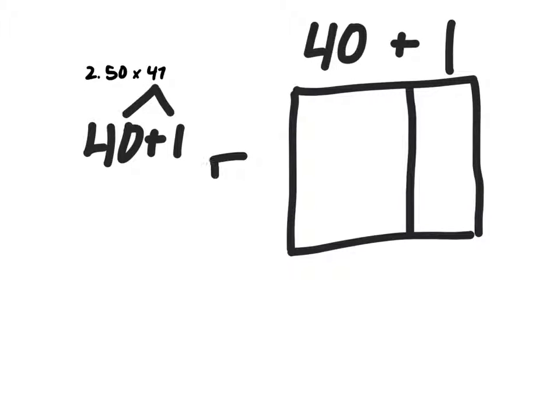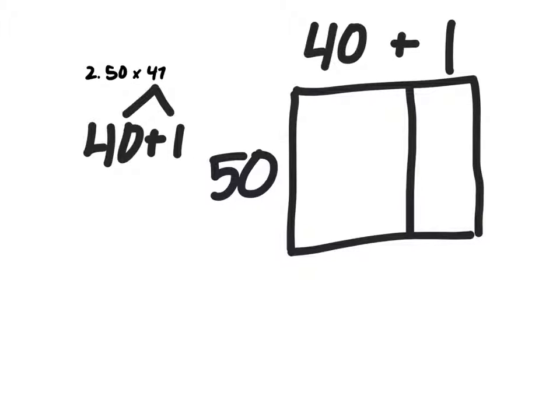Now over here we write in our 50 so that this area represents 40 multiplied by 50 and this area represents 1 multiplied by 50. And together, this whole area will equal out as our product.